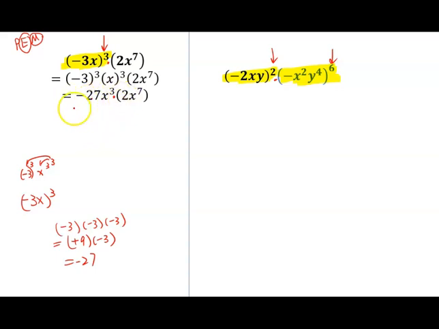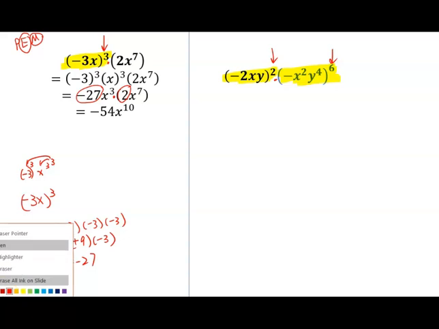So you will have to reorganize, putting the numbers together and the variables together. -27 times 2 gives us -54. And x to the third times x to the 7: we have 3 copies of x and 7 copies of x, together that's 10 copies. So be careful: we're not multiplying the exponents, we're adding them, because it's not 7 copies of 3. It's just 7 x's and 3 x's, together 10 copies of x.